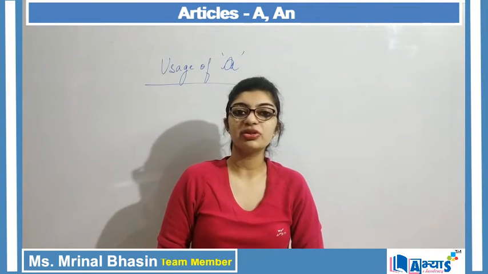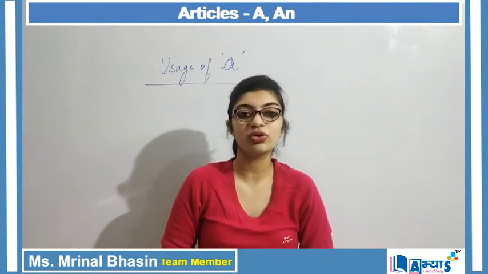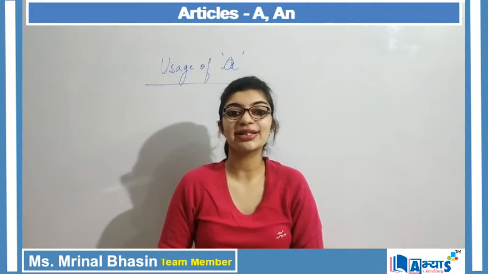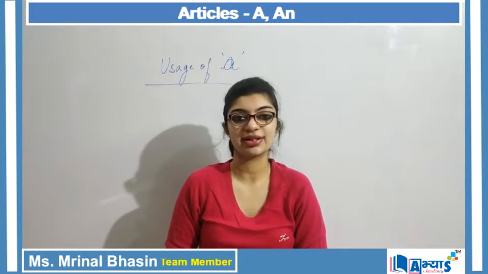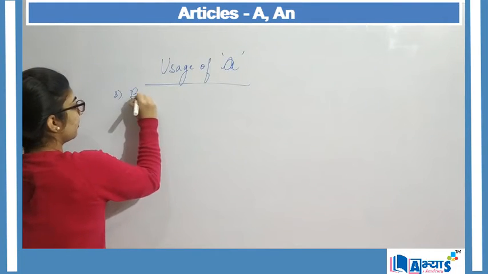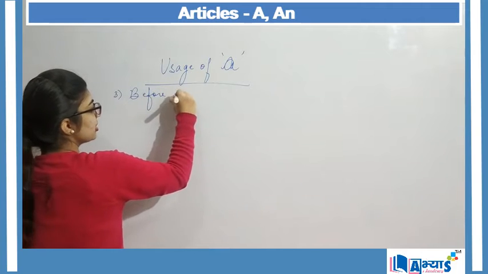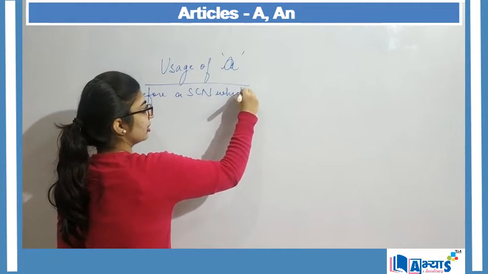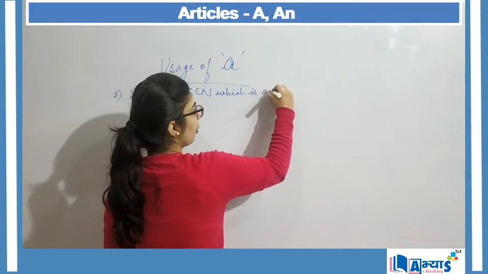Now another usage of a is that it is used before a singular countable noun, which is an example of a class of things, right?